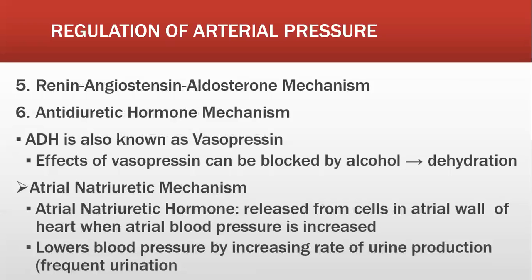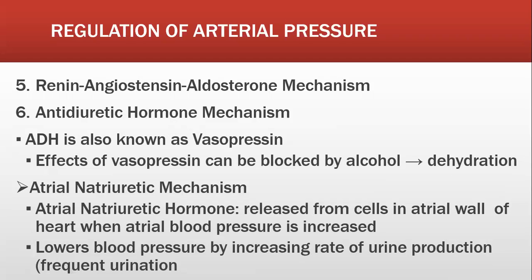Then we also have the renin-angiotensin-aldosterone mechanism in the kidneys and the antidiuretic hormone mechanism, also known as vasopressin. The effects of vasopressin can be blocked by alcohol because alcohol causes dehydration. Then the atrial natriuretic mechanism.